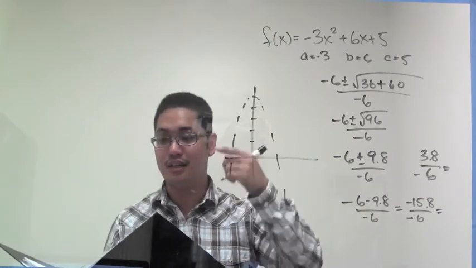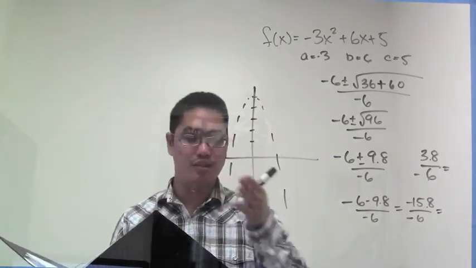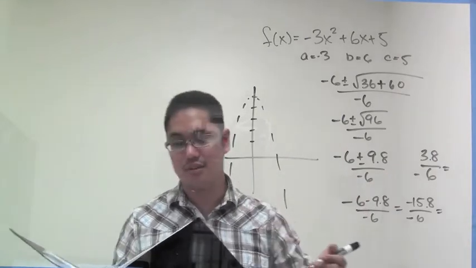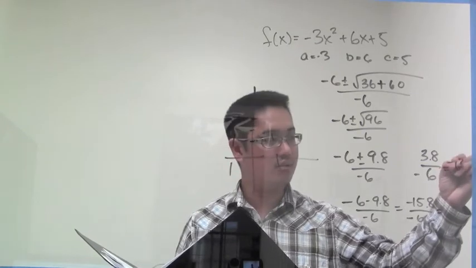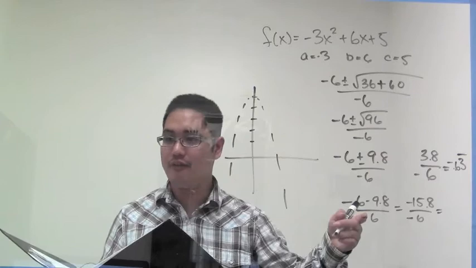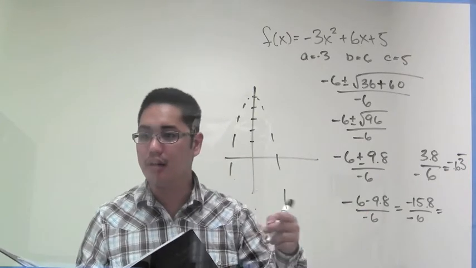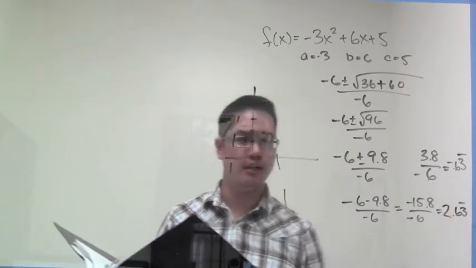I said 2 point something, but I was thinking it was somewhere close to a half, and you're absolutely right. It's negative 0.63 with a line over it. What is negative 15.8 divided by negative 6? There we go, 2.63, with a line over it, and that goes on forever.